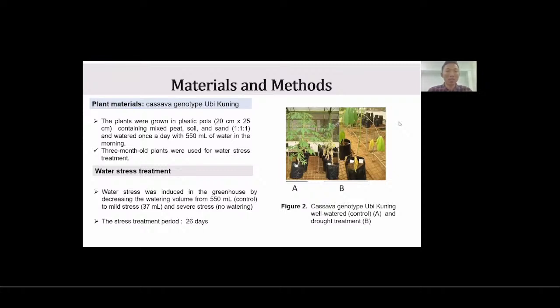Water stress treatment was applied in the greenhouse by decreasing the water volume from 550 milliliters for control to mild stress of 37 milliliters and severe stress with no water. The stress treatment period was 26 days. Figure 2 shows cassava genotype Ubi Kuning with water control on side A and drought treatment on side B.